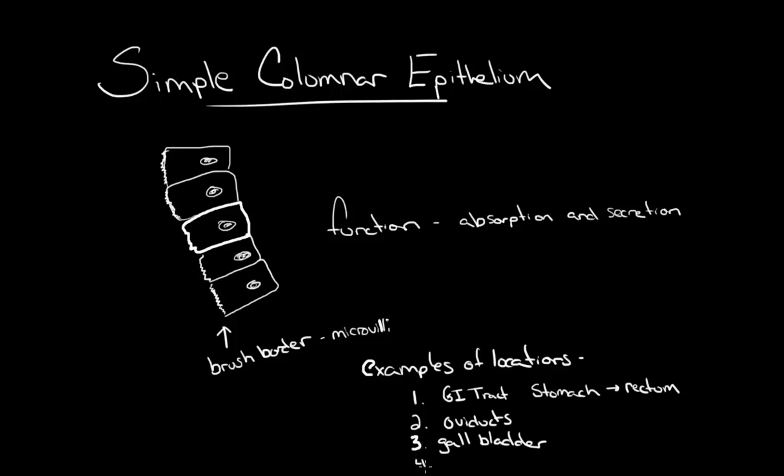We also find it in some ducts of glands. These are all examples of where we might find it. If I was going to pick one, I would pick this one right here. Specifically, if you said the small intestine, that would be a great place to find simple columnar epithelium. Let's next take a look and see if we can find an example.